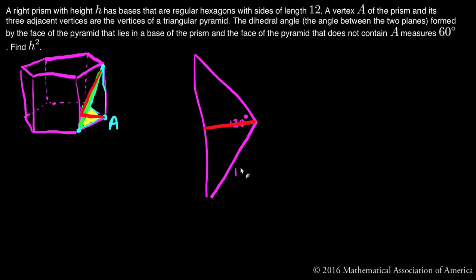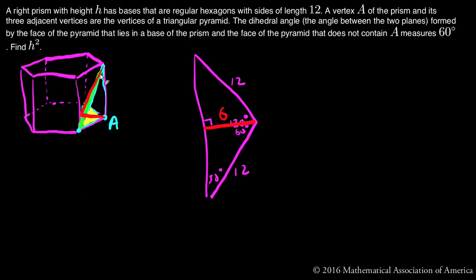We know this is 12. And because this is 120 degrees, and this is an isosceles triangle, when I drop this altitude, it splits it in half, and I get a 30, 60, 90 right triangle, which means that this length here is half of 12, 6.